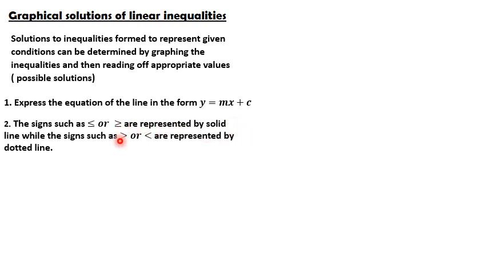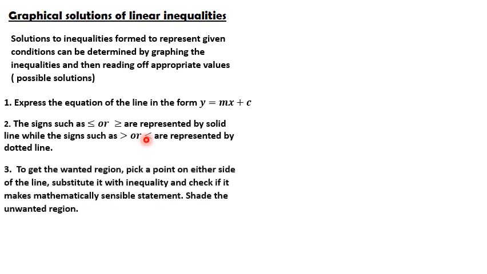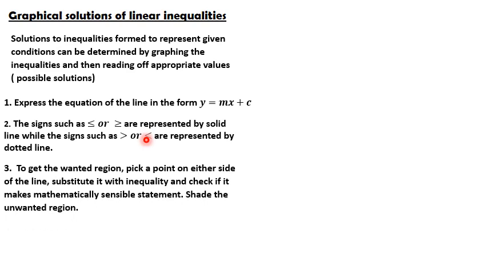But when the inequality used is either greater than or less than, then the line should be represented by a dotted line. Point number three and the final one, once you draw the line, which we are calling the boundary line, then the inequality you have will either take the points above the line or below the line, and therefore we need to identify the wanted region.